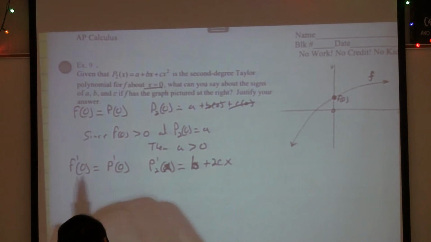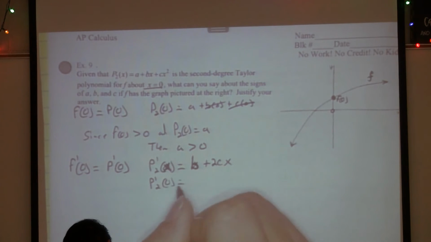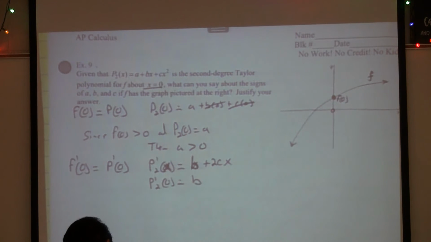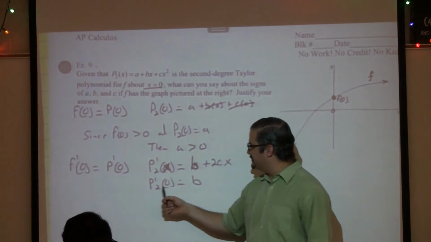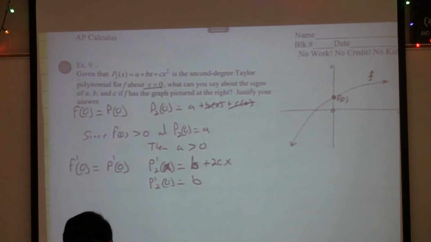Okay. And if these two are equal, then that means that this guy at 0 is going to equal B, right? So if I know what he's doing, and I know what he's doing, then I can know what B is supposed to be, right? So how can we determine the first derivative of f?